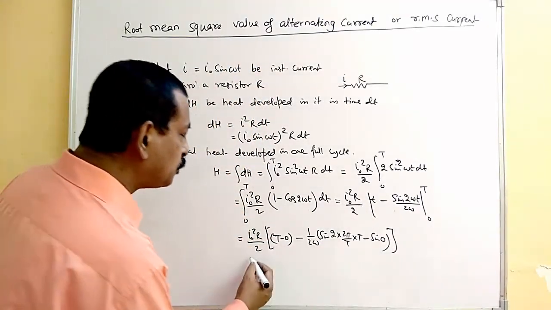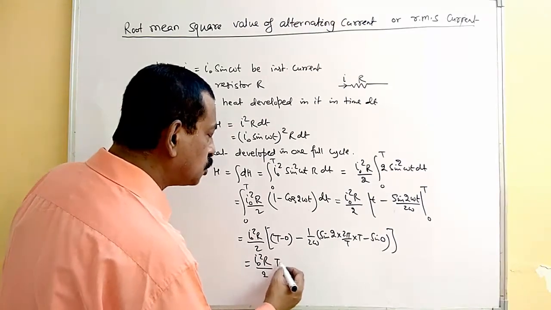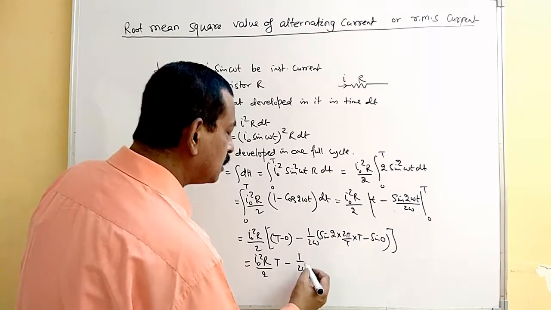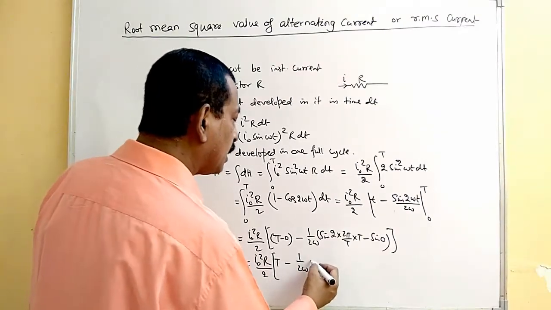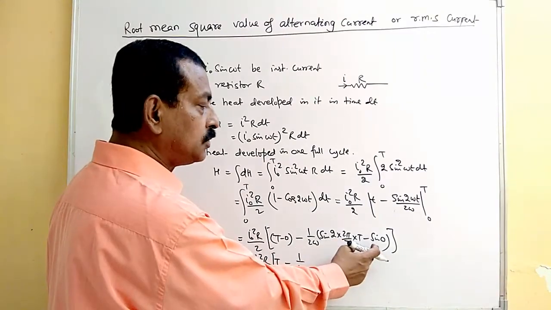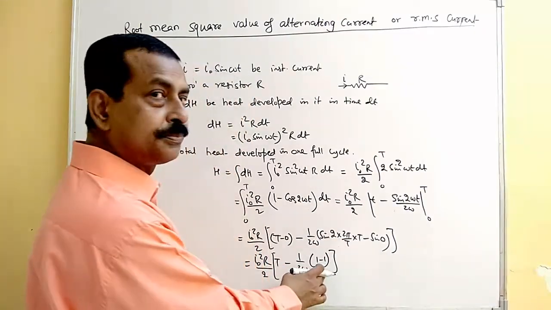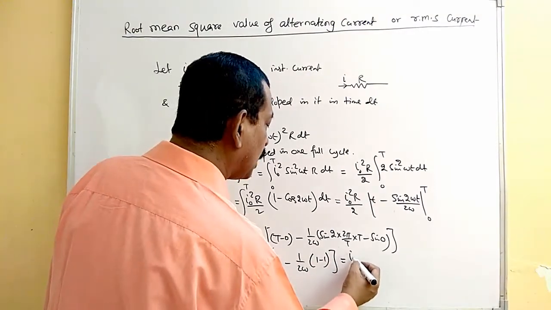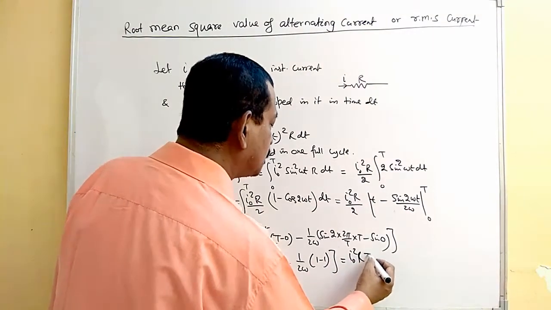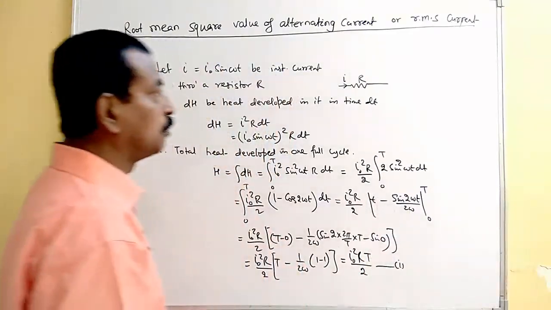Now if you substitute, it is sine 4 pi, which is sine 0, so it is 1 minus 1, and that is 0. So this is ultimately I naught square R T divided by 2. Suppose I call it equation number 1.